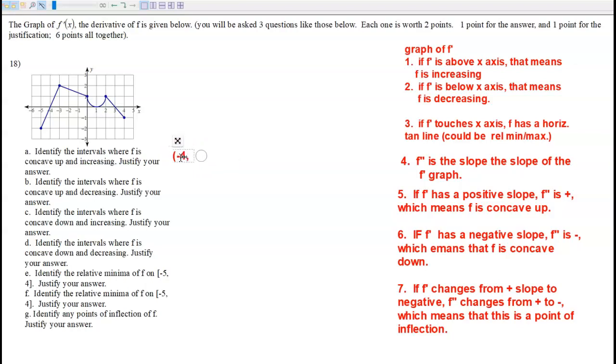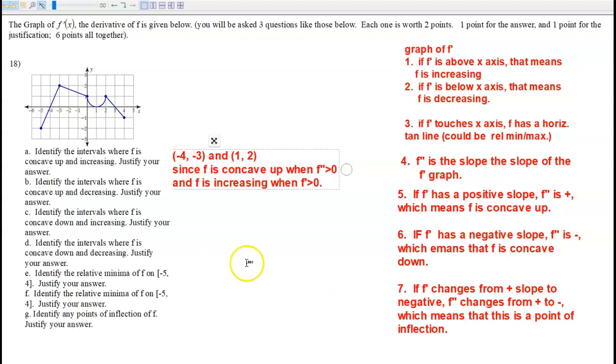From -4 to -3, and from 1 to 2, since f is concave up when f double prime is greater than 0, and f is increasing when f prime is greater than 0. And in this case, that was because it was above the x-axis. So that's for part A.